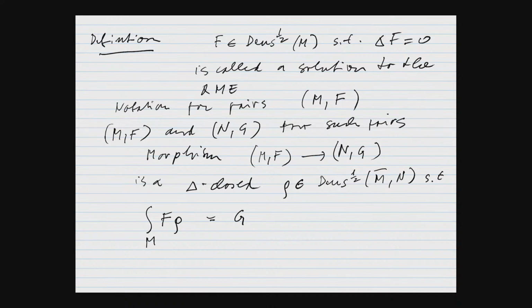We would say that we have a morphism between these two pairs if we find a delta-closed half density on M bar cross N, such that if we integrate f against this half density, we get g.